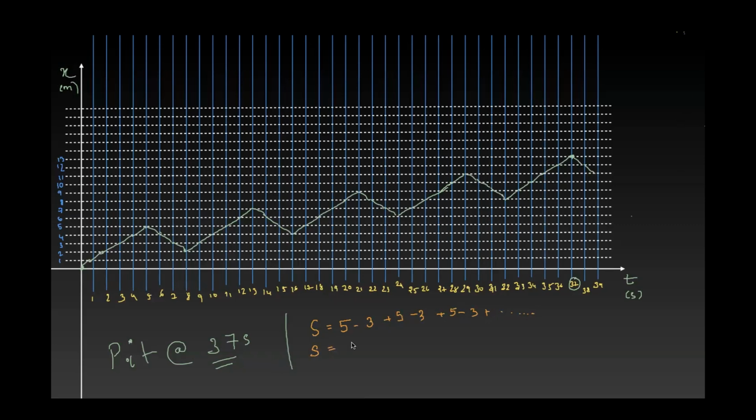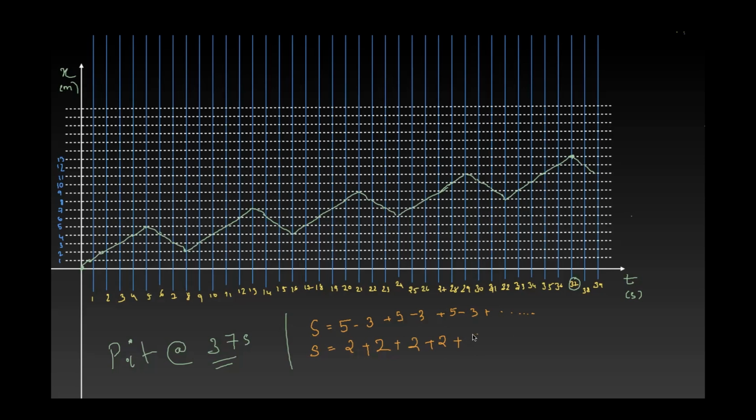Now 5 minus 3 is 2, plus, plus, plus. This is 5 minus 3, this is 5 minus 3, this is 5 minus 3, this is 5 minus 3, which means that the man has come down. Assume the man is somewhere over here. Now the man will go up by 5 steps.